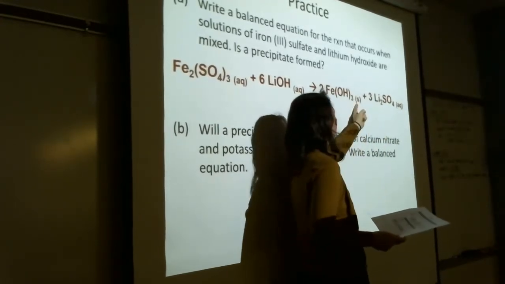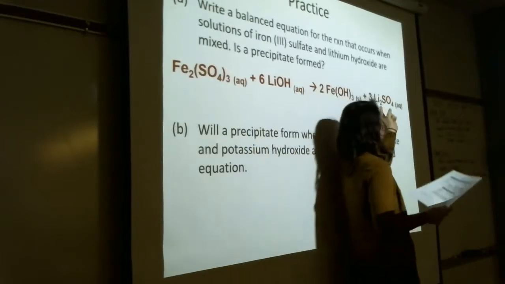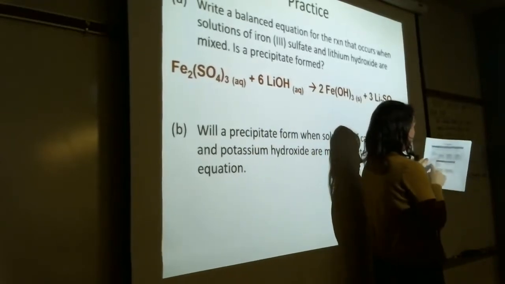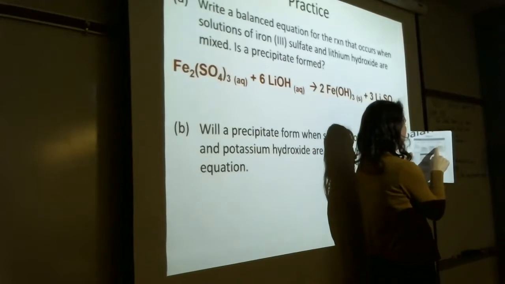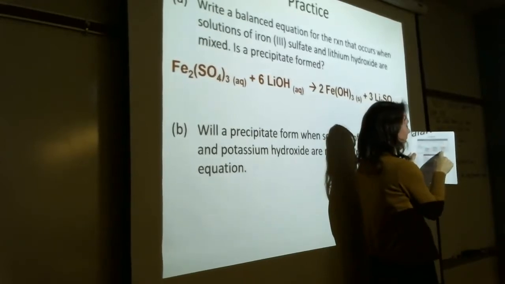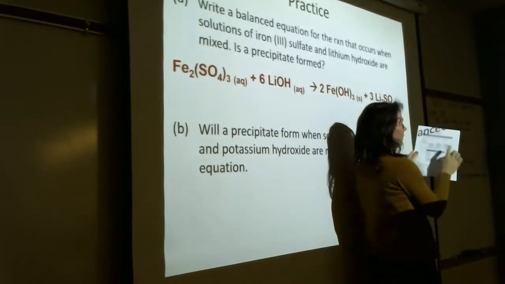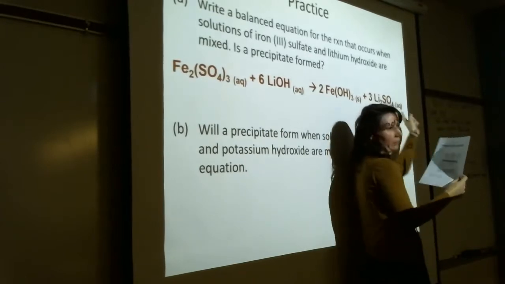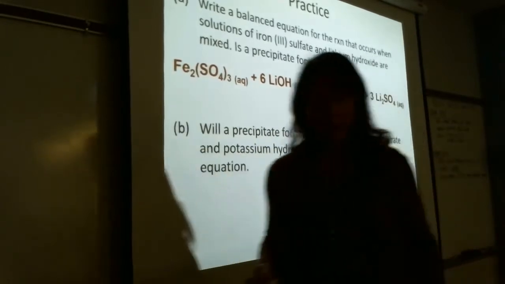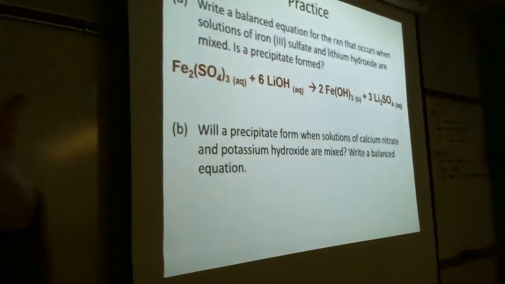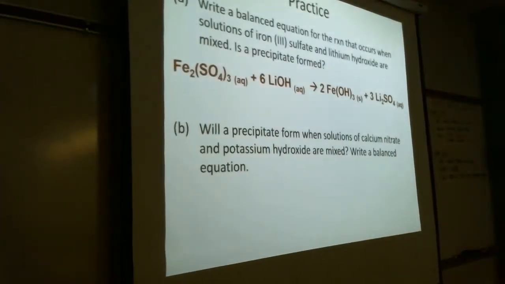That S stands for solid. You look up lithium sulfate: salts of sulfate are all soluble except these ones. Lithium's not listed as an exception, so it's AQ. Do we agree on this one? These are all double displacements, yes.